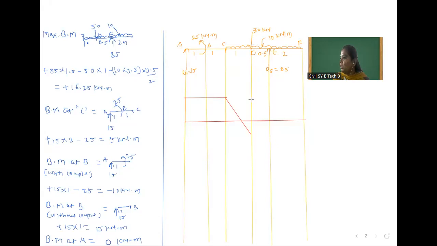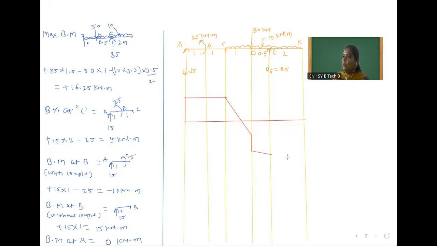Before the point load, the value is minus 10, and after the point load, the value is minus 60. So it will go again below. After that, shear force at E before RE, how much? Minus 65. Okay, so an inclined line will be there up to this.